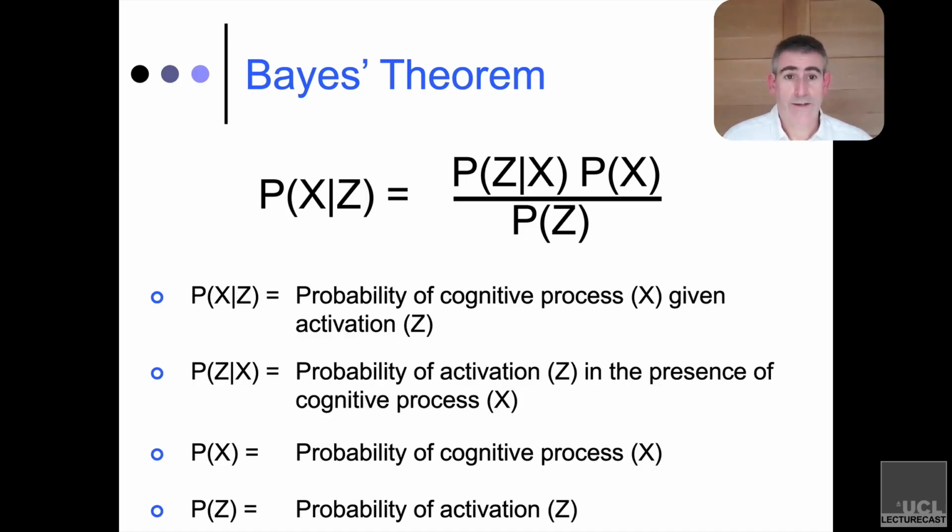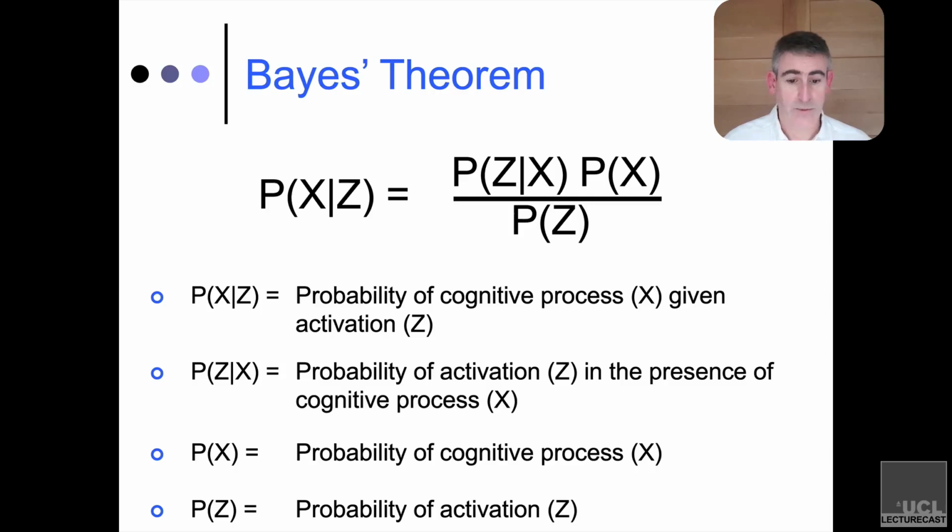So there is a correct formal way to do reverse inference. And that is that you can use Bayes' theorem. And again, in keeping with my policy of not having a whole lot of equations, I've included this one. For those of you who have seen Bayes' theorem before, that's excellent, and you can work your way through it. But there is a formula that allows you to calculate the probability that this cognitive state is associated with this particular type of activation.